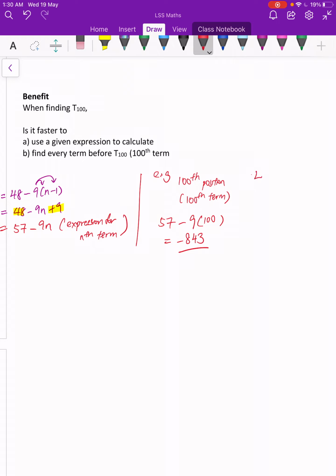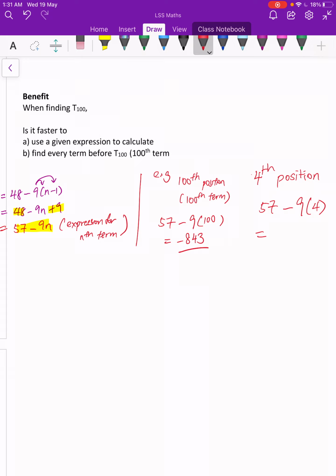So let's say I want to use this expression for the n term to find the 4th position. It will be 57 minus 9, because we are using this expression here, times 4.